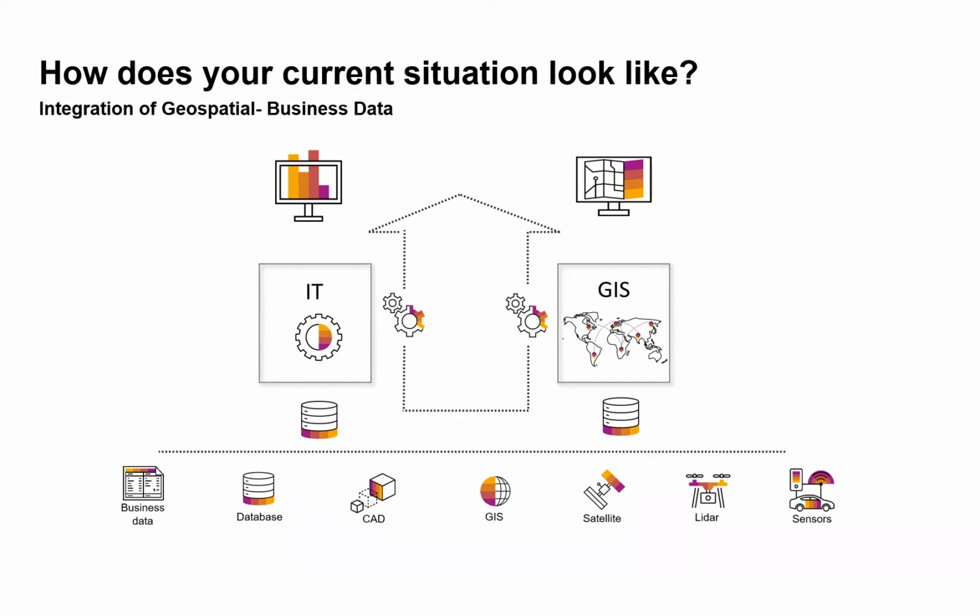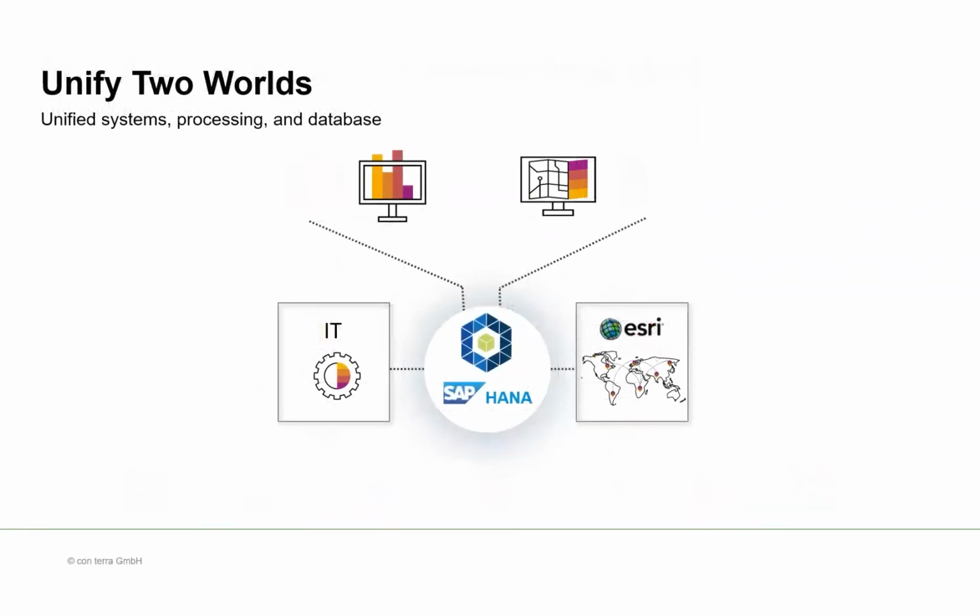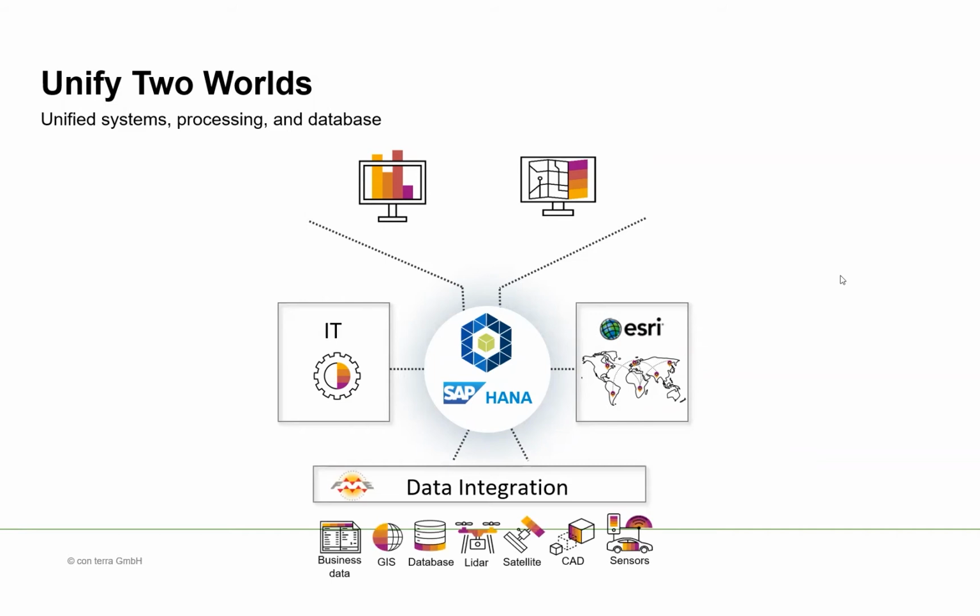So how can you combine this data? The easy answer is, of course, use FME. The better answer is use FME and SAP HANA and unify the 2 worlds. Use FME to load, merge, validate all kinds of data into the in-memory database of SAP HANA.